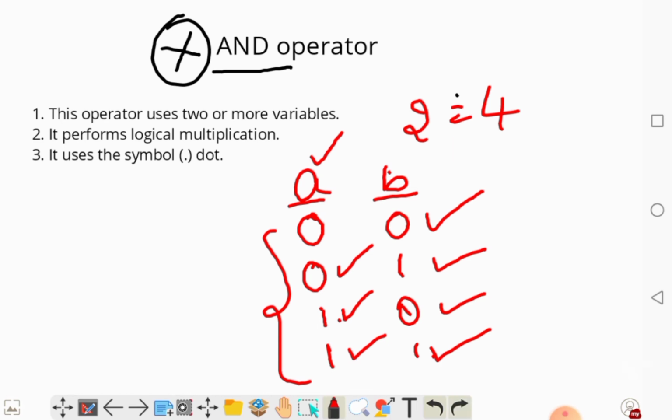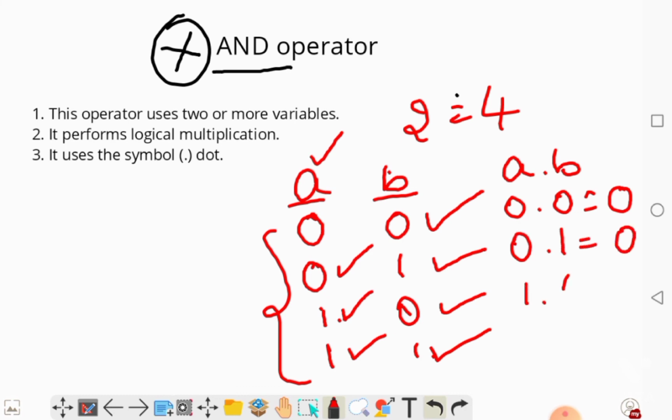Now we will see A into B, that is A and B. 0 into 0, what is 0 into 0? That is 0. 0 into 1 is equal to 0. 1 into 0 is 0. 1 into 1 is 1.